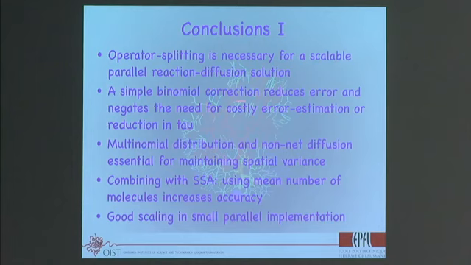We use the mean number of molecules to take into account the change in molecule number during this tau, and that gives us good accuracy, and we see reasonable scaling in a first small model parallel implementation.